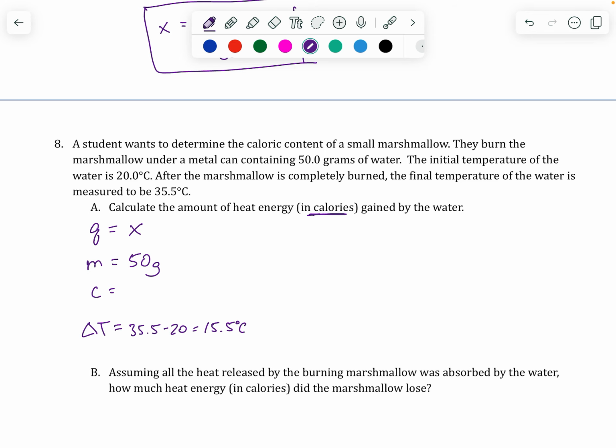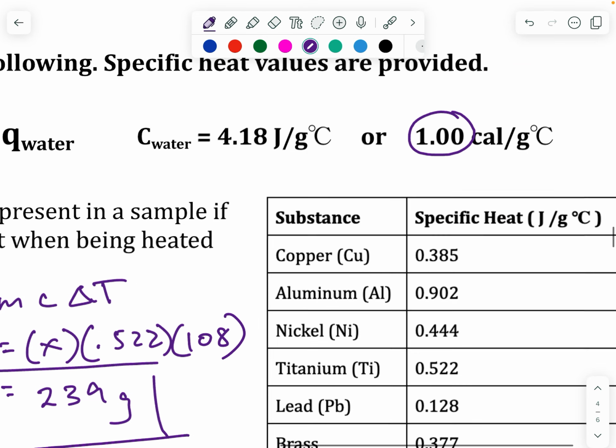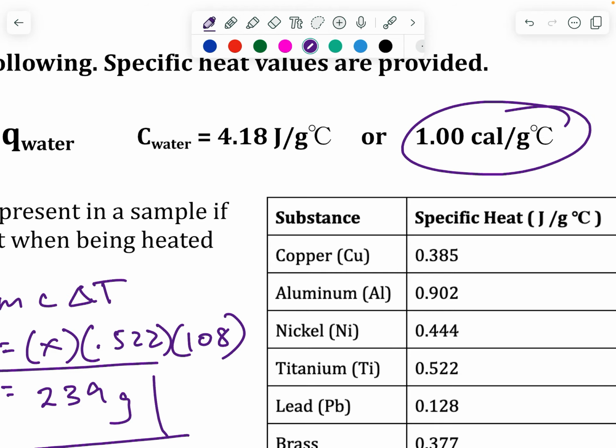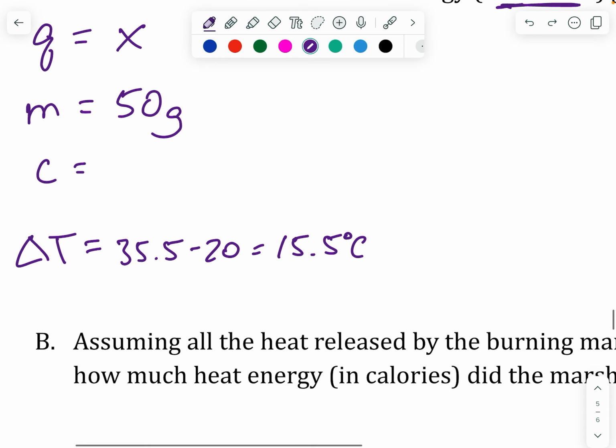Well, we know that the specific heat capacity for water is 4.18 joules per gram degree Celsius, or 1 calorie per gram degree Celsius. And because I am looking for calories as my energy unit, this is the specific heat value that I am going to use. So I will put in 1 calorie per gram degree Celsius.